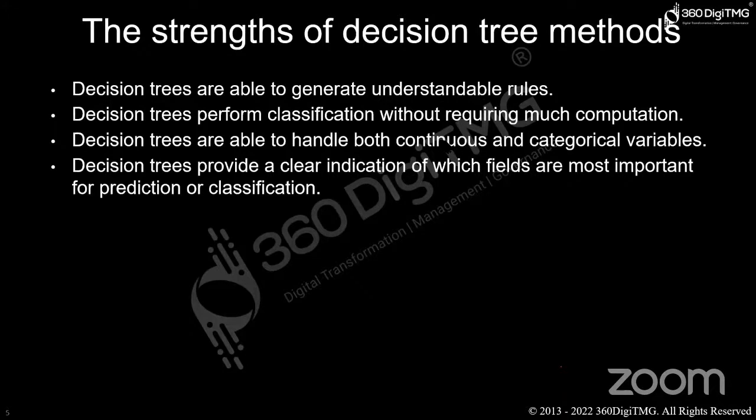This sum of product is also called SOP. Famously, this is called your disjunctive normal form. Decision trees follow your sum of product, which is your disjunctive normal form.